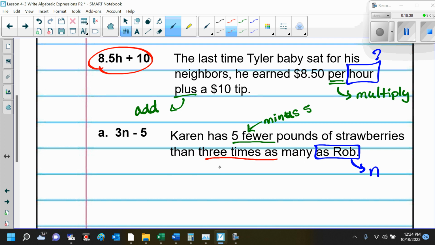So 3 times as many, of course, means multiply. So we're going to multiply by 3. And we're multiplying 3 times the number that Rob has. So there's a 3n minus the 5.